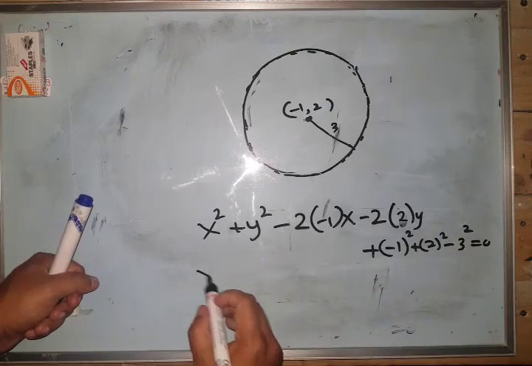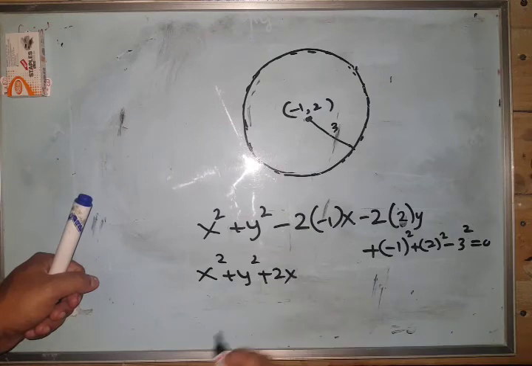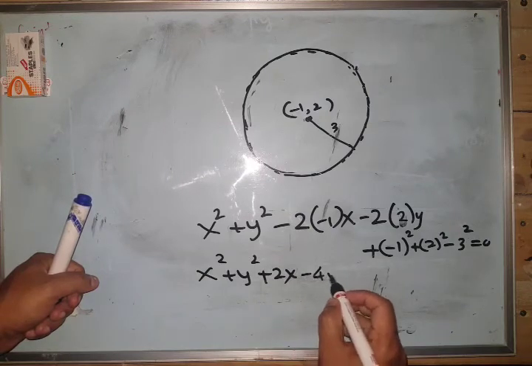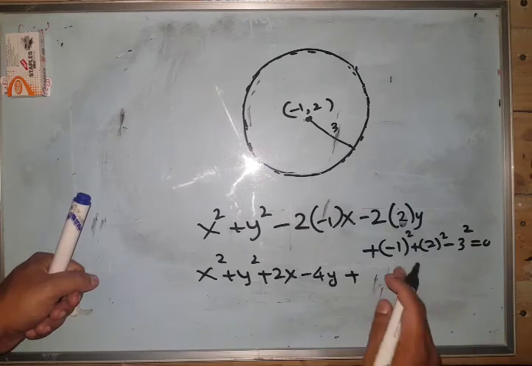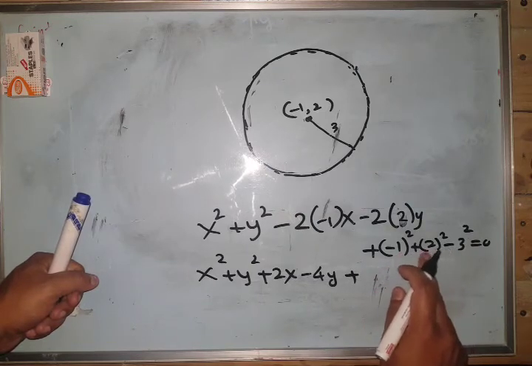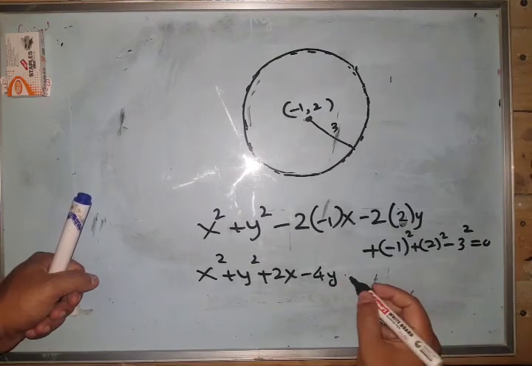Now you can collect terms. x squared plus y squared plus 2x minus 4y plus, this would give you 1 plus 4, 5, minus 9, that is minus 4.